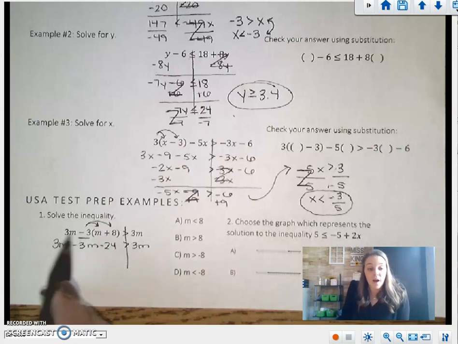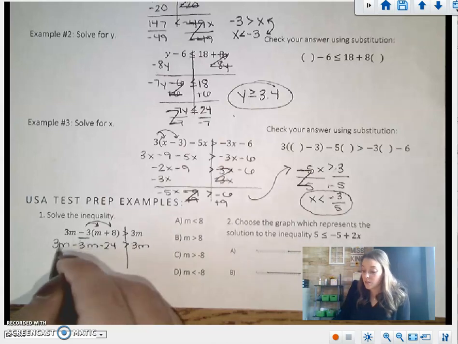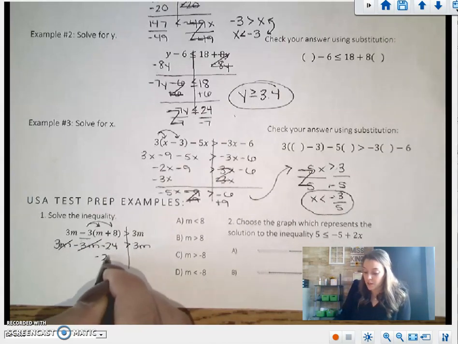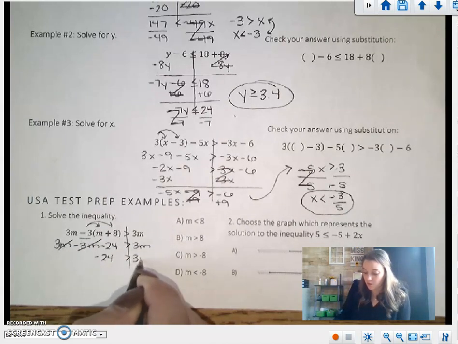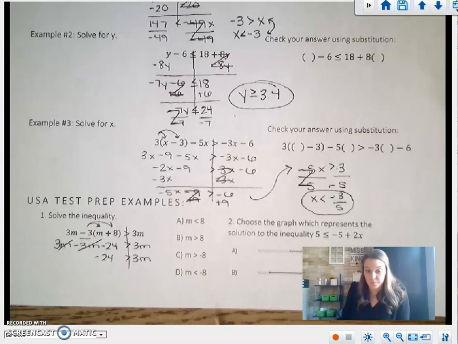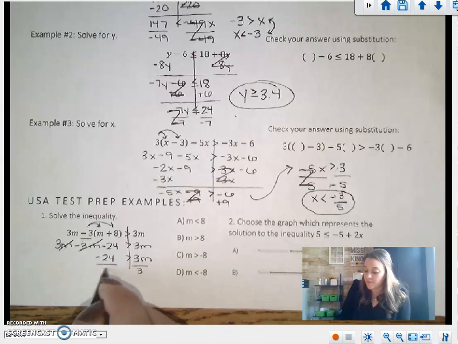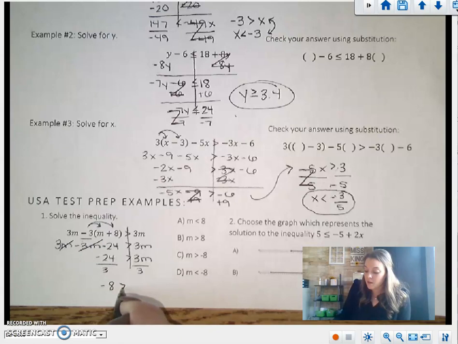I can simplify this left-hand side. 3m minus 3m is 0. So those cancel each other out, and I'm left with negative 24 is greater than 3m. To get this m by itself, I need to divide both sides by 3. Negative 24 divided by 3 is negative 8. Drop down the same inequality sign because this time I divided by a positive number.